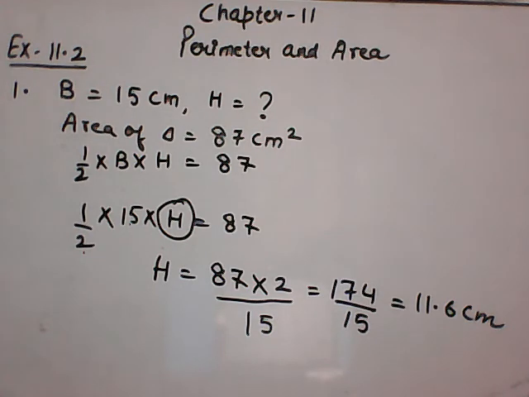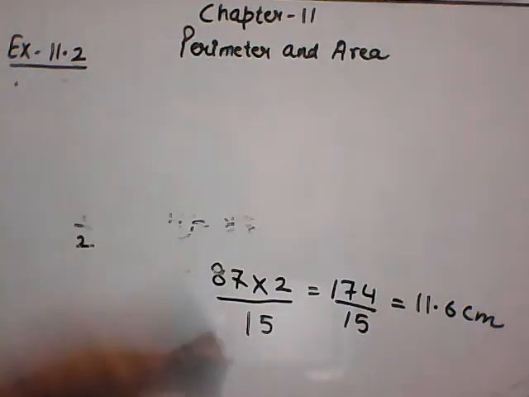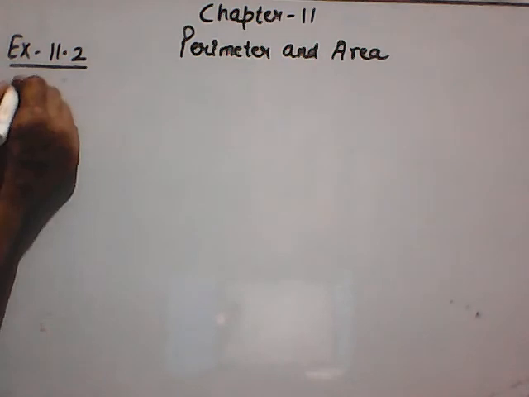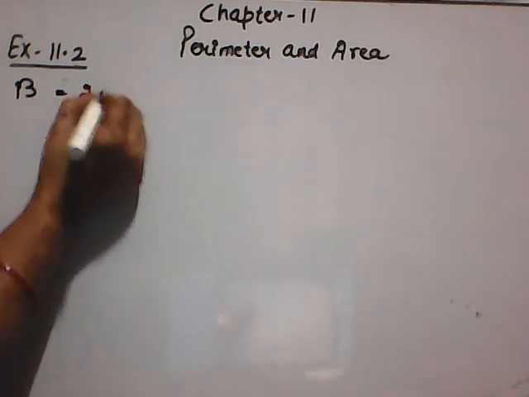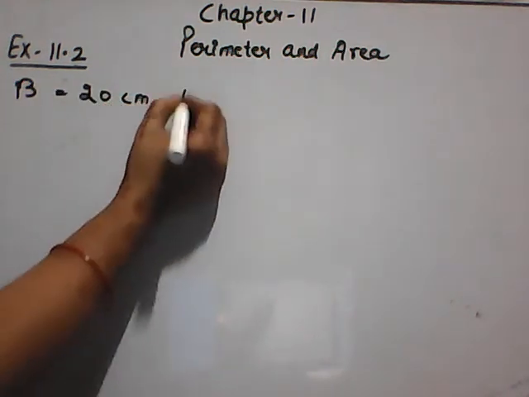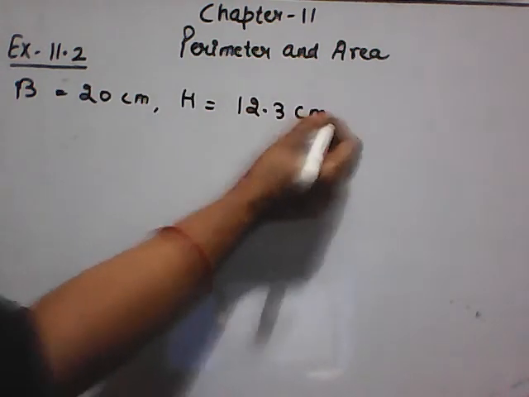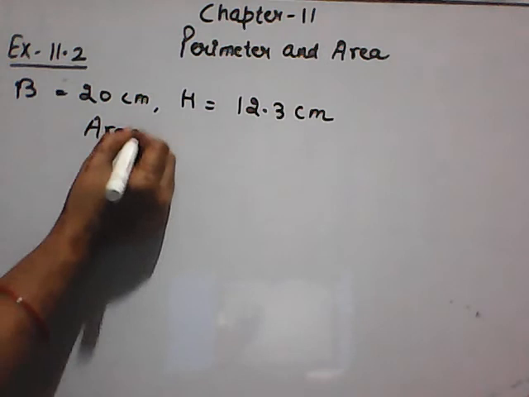In next case, suppose you have to find out the area of the parallelogram. Suppose base is given to you 20 centimeter and height is given to you 12.3 centimeter, and you have to find out the area of the parallelogram.